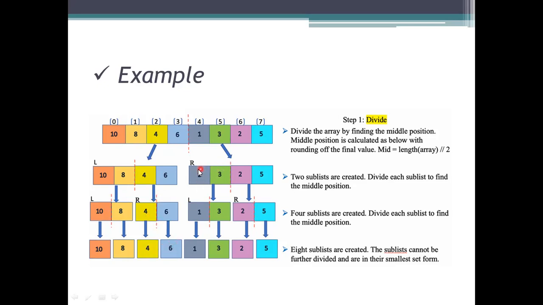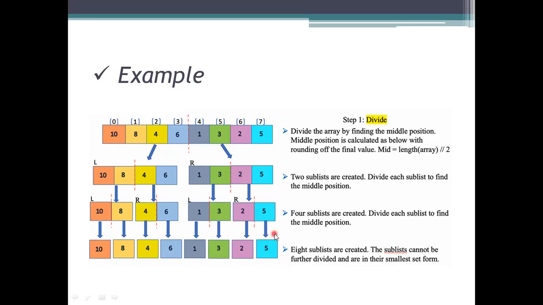And coming to the right side, the same formation will be here. 4 is the length of this array. Divide this into two parts: 1, 3 and 2, 5. Since each has 2 elements, divide them further, and then we form the single elements. Now it has been divided into 8 sublists.